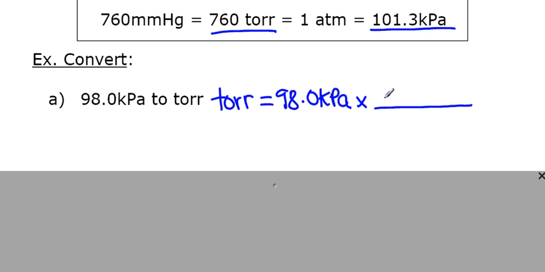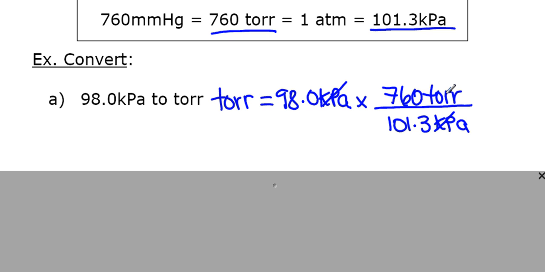What I'm trying to solve for, torr, needs to go on the top, and what I'm trying to eliminate is going to go on the bottom, so I can cancel my kilopascals and kilopascals. Okay. Then you can see kilopascals will cancel, and you're left with torr.